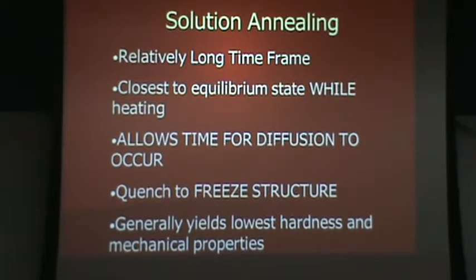So you'll see this done in some stainless steels that are precipitation hardening. You'll see it done with aluminum alloys. You'll also see it done with austenitic and duplex stainless steels, where you have a tendency to form undesirable precipitates.